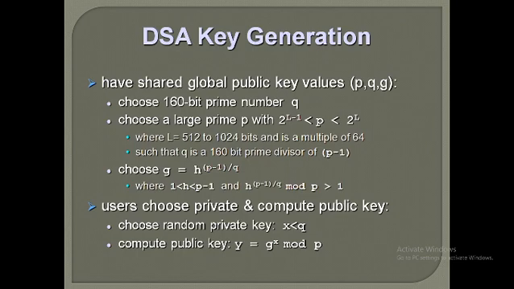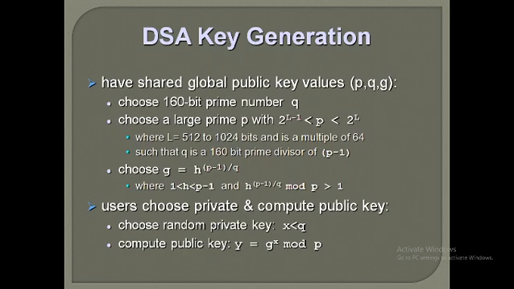So Q is nothing but the 160-bit prime divisor of P minus 1. So a large prime number of 512 to 1024 bits is selected, and the prime divisor of P minus 1 is Q, and its length is considered to be approximately 160 bits.